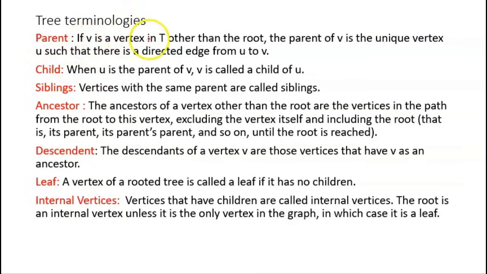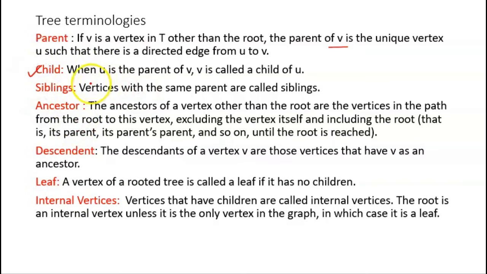So if V is a vertex in T, where T represents the tree, other than the root, the parent of V is a unique vertex U such that there is a directed edge from U to V, right? So when we are drawing the tree, we are not drawing the arrows, but we are considering that edges are directed away, right?